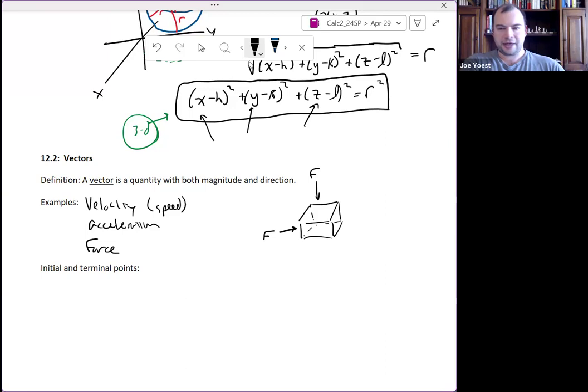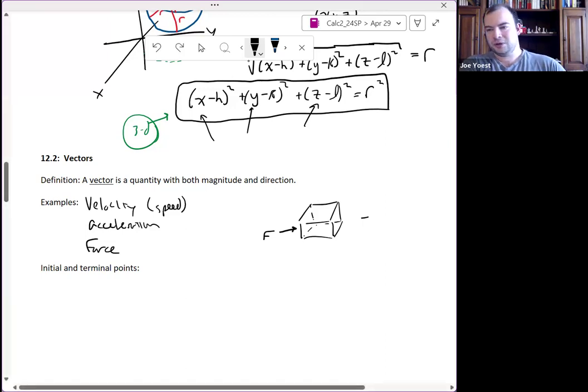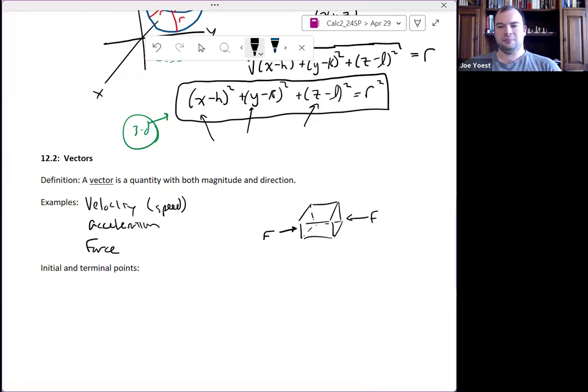And in fact, if I apply the same force at the same time, but pointing in two opposite directions, then my block just stays still. This is one of the important ideas in statics: if we have something that's staying still and not moving, then the forces should all be balanced. So we can use that constraint to work out what the forces are.